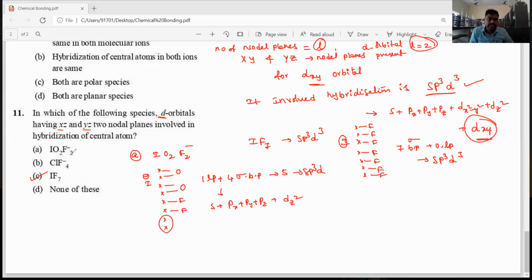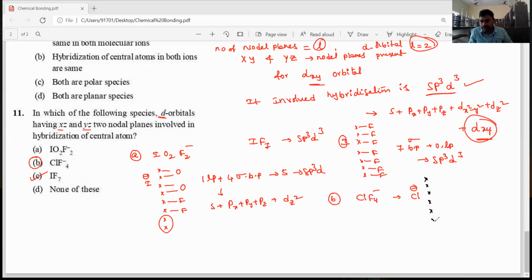Now see ClF4 minus, option B. Here chlorine is a 7A group element, and due to the negative charge, the valence shell has 8 electrons present. Just write the 8 electrons; this is the dot method.